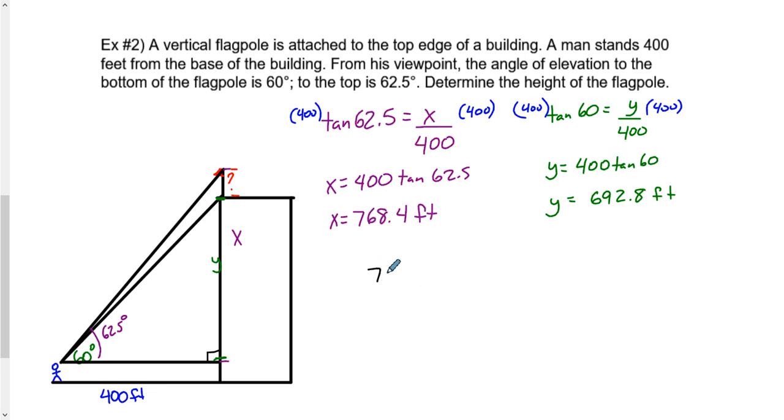So therefore, we take our 768.4 and subtract our 692.8. We get 75.6 feet. So it's a 75.6 foot flagpole.